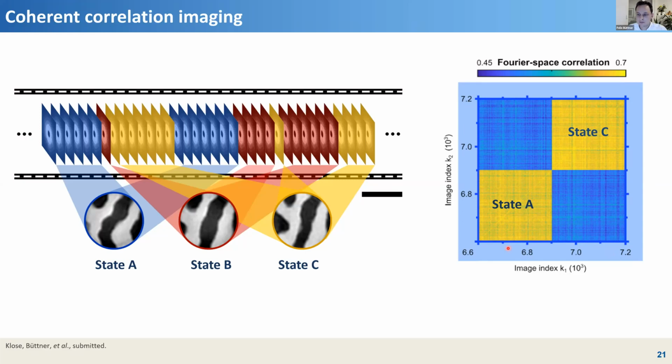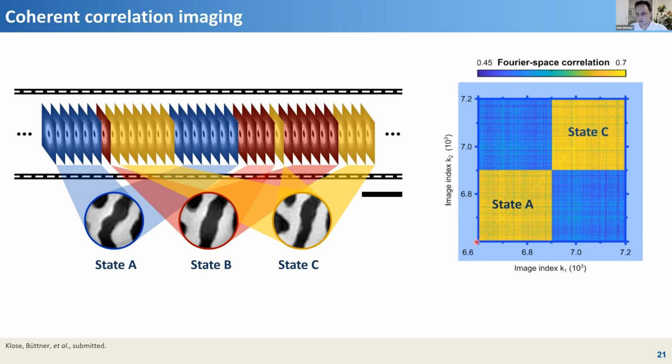Within that different state, we again have a high correlation, but between the frames of this state and the frames of that state, we have a low correlation. So from this map, we can already draw a clear line and say, okay, the first 30 frames are labeled state A, blue. The second 30 frames are labeled then yellow.